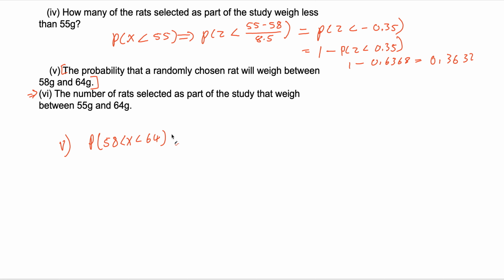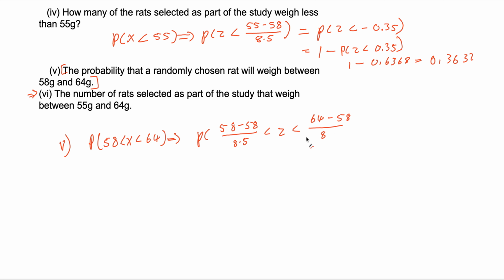So that's P. So we have to transform these values to Z. So we have P of 58 minus 58 divided by 8.5 less than Z less than 64 minus 58 divided by 8.5.